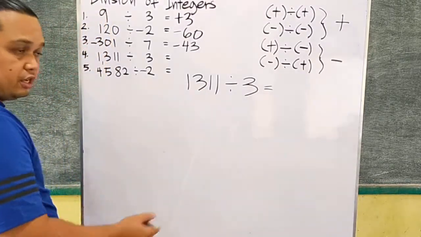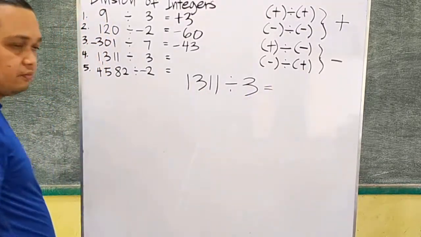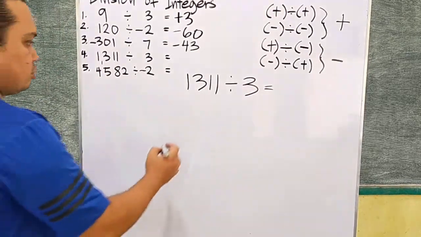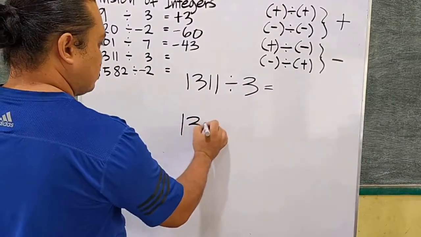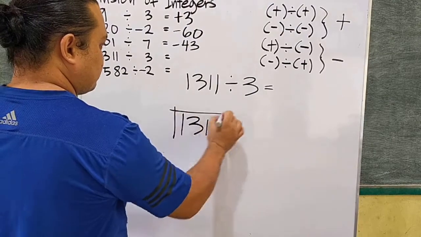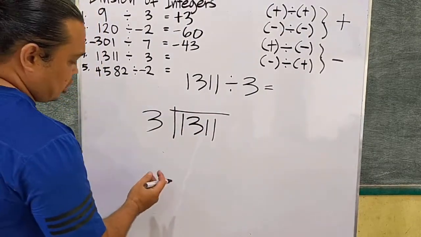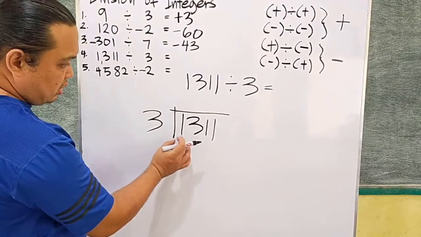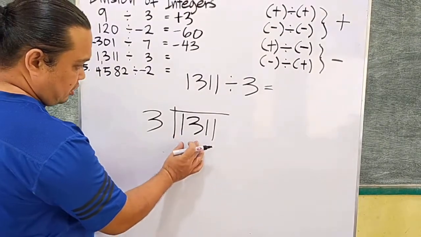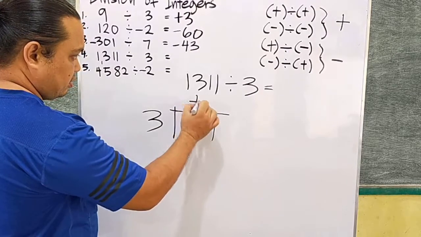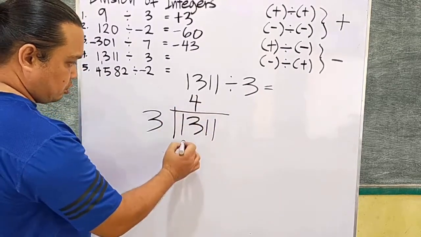Therefore, our answer here is also a positive. But let's divide first. Okay, so we have here 1,311 divided by 3. Okay, now, so let's proceed to 13, because 1 divided by 3 cannot be. So we have 13 here, and we have 4. Because 4 times 3 is 12.